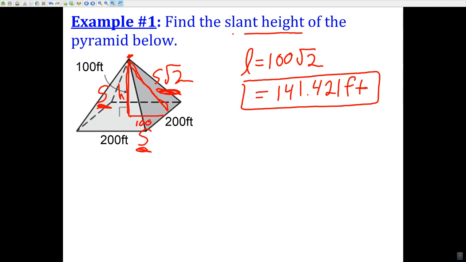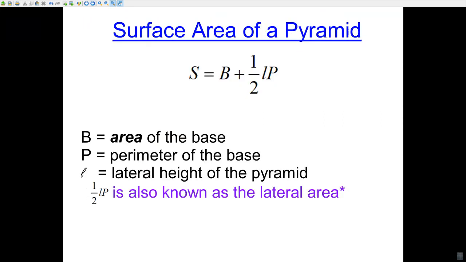Great. Let's move on to find the surface area of a pyramid. Nice formula. You're going to use this quite a bit. Big B is the area of the base, okay? Not just some side of the base. It's going to be the area of the base. Capital P again is the perimeter. L, right?